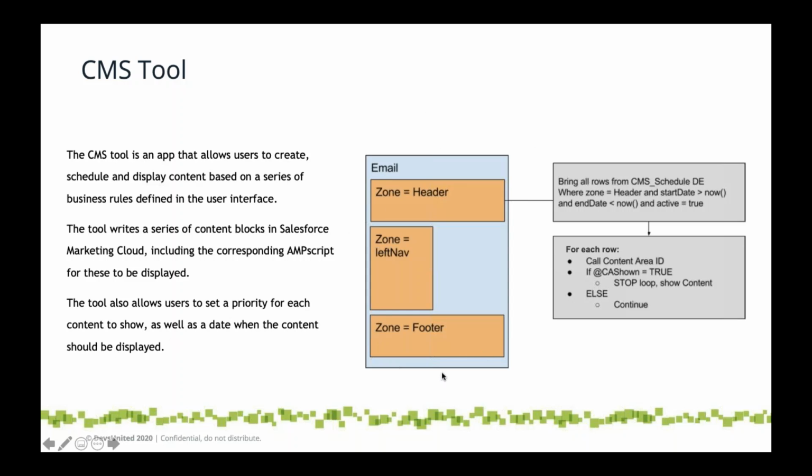So suppose that we have the email here, where the newsletter email has some different zones. In this case, it has the header, left navigation, and the footer.